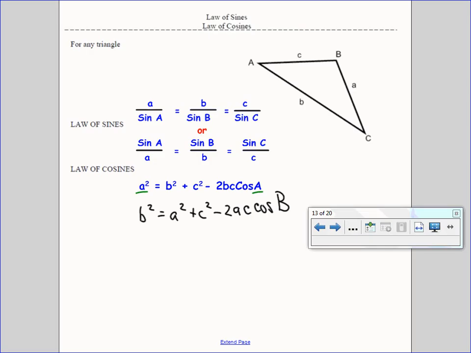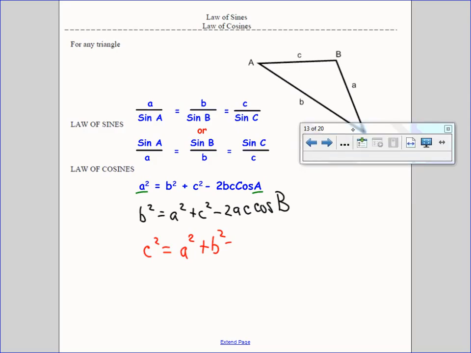We could have just as easily had, you guessed it, C side length squared isolated on one side, set equal to the sum of the squares of the others. Now it's A squared plus B squared are the other 2 side lengths squared, minus twice the product of AB times the cosine of angle C.